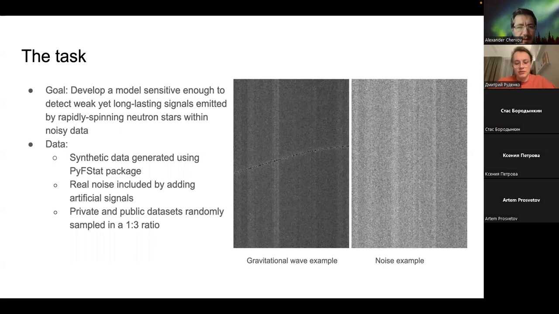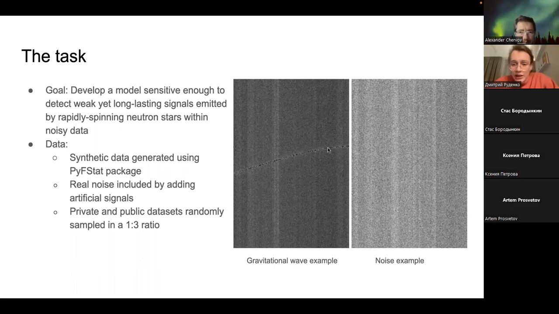Yes, okay. So on the current slide, we see these images, and on one of the images, we see such a line, which is kind of noise, or I don't know. What is it? Okay.